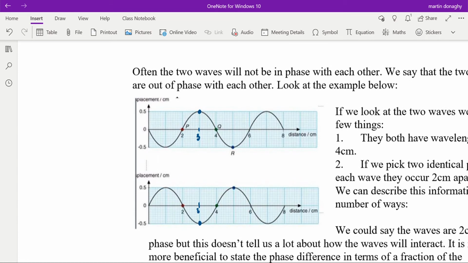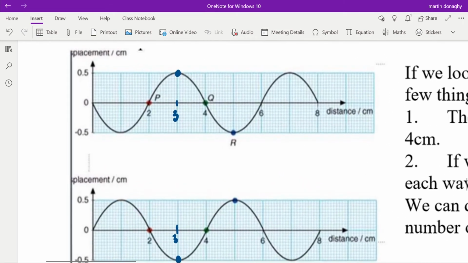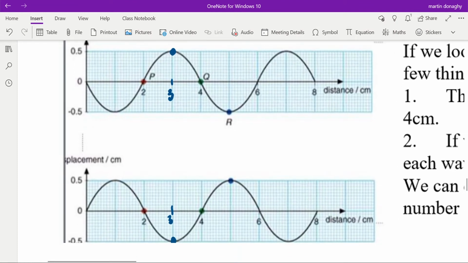Now we can describe how much in phase or how much out of phase two waves, or two points in the same wave, are. We can do this mathematically. If we look at this as our example, to find out how offset they are, essentially what we do is we find identical points on the two waves.